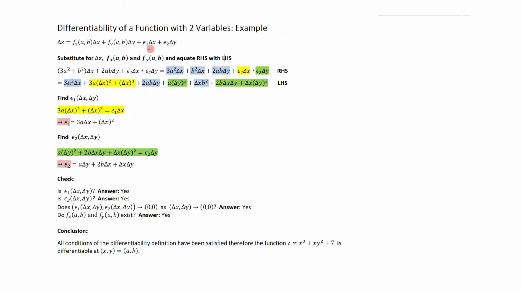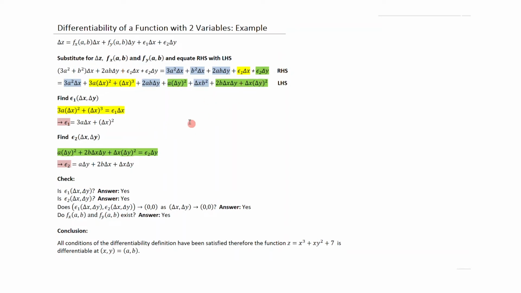Right? And so we have these two pre-computed partials times delta x, delta y, and that corresponds to the 3 terms that you see in blue. So now what we do is we equate the left with the right. And so, for instance, this term, and this term, and this term, and this term have commonality, and this term and this term have commonality, and the green terms have commonality.